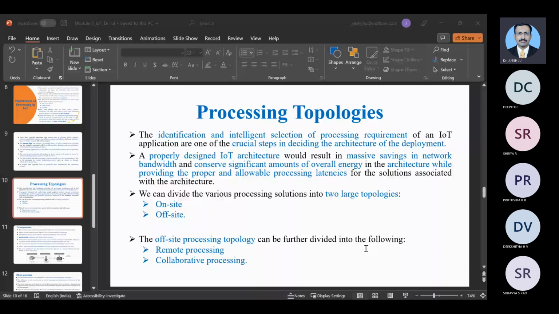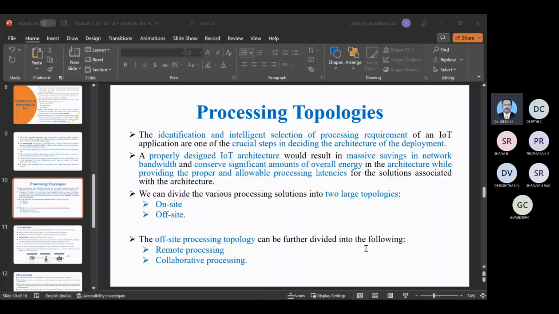If you design the IoT framework in a very systematic way, you can optimize parameters such as bandwidth, latency, overall energy consumption, and the allowable frequency bands. All those things can be utilized properly. So that is very important.